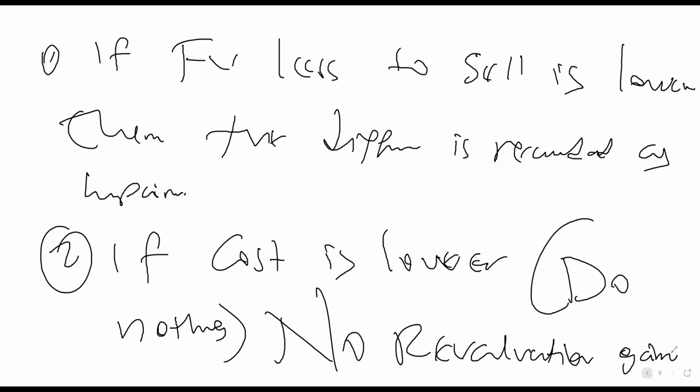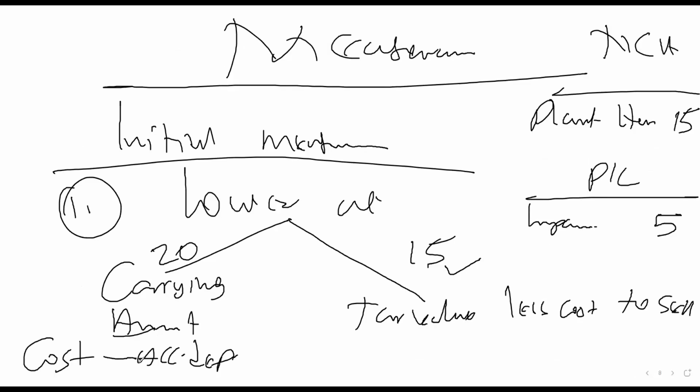Practical illustration. Imagine the carrying amount is 30. Fair value less cost to sell is 45. Which one is lower? Carrying amount. So here you record the asset at carrying amount, which is 30. Never make a mistake and say there's a revaluation gain.